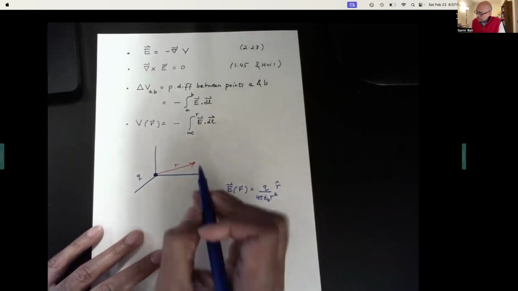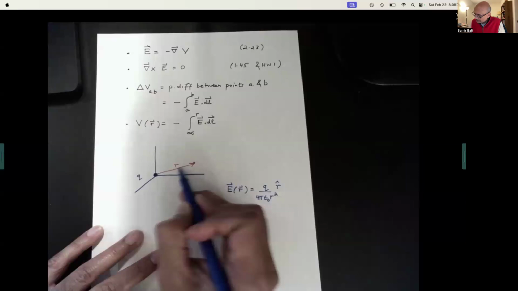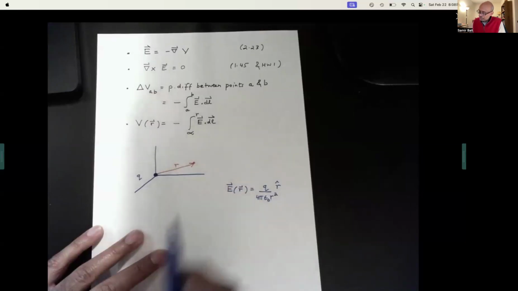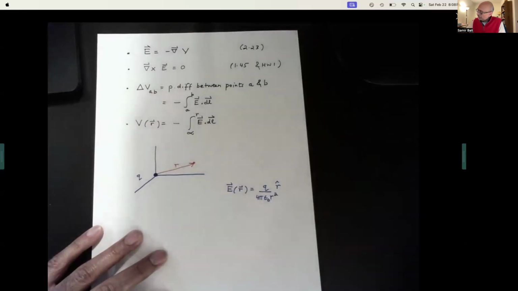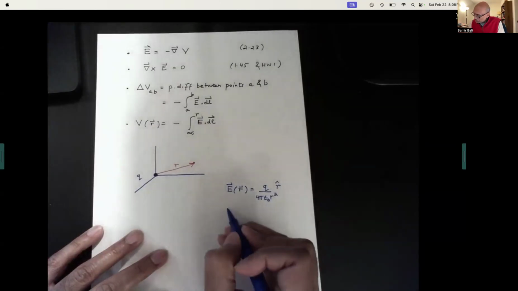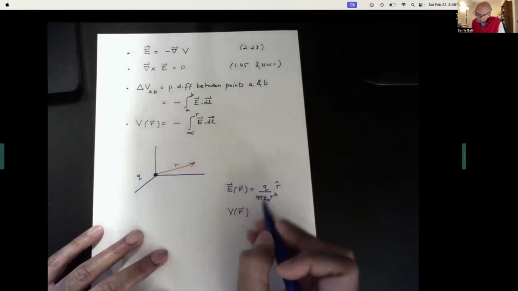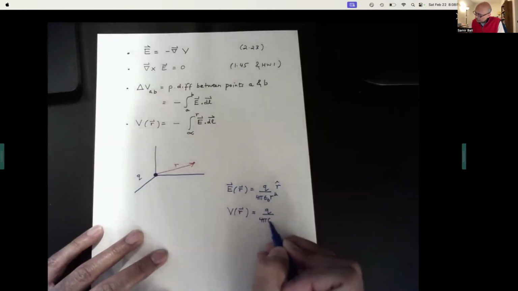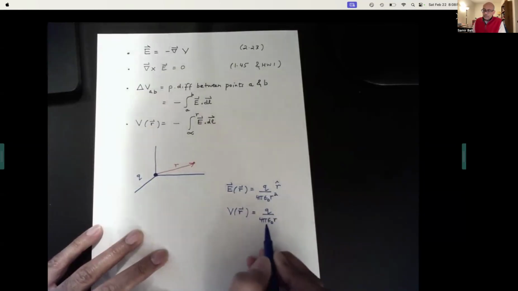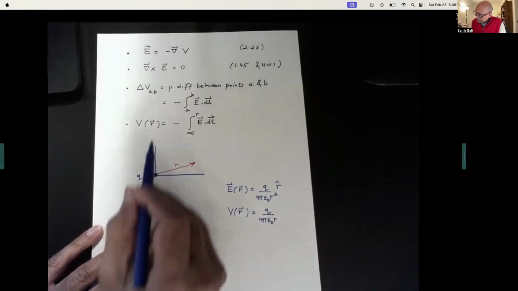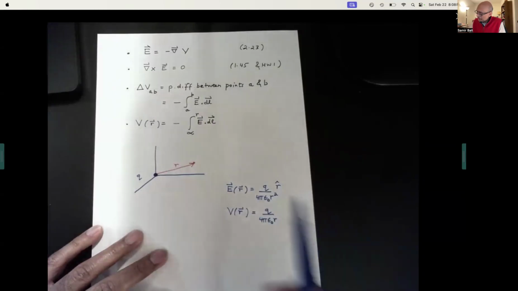And the unit vector R, of course, points in this direction along this red arrow. We also know that the potential at this point is Q divided by 4 pi epsilon naught R, but I want to derive it. That'll help us keep track of what's happening with the negative signs.